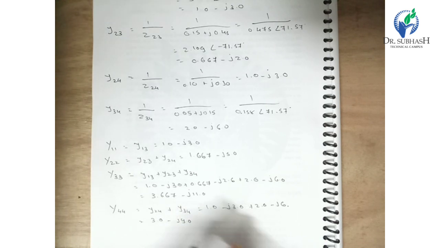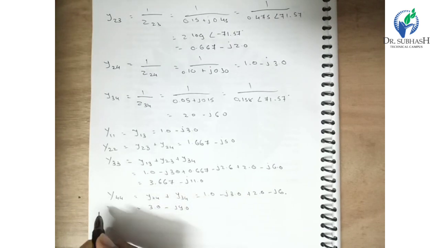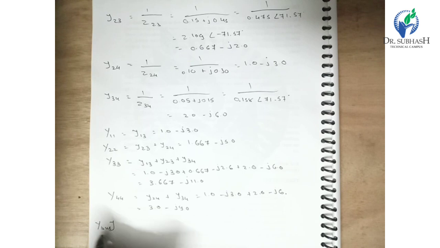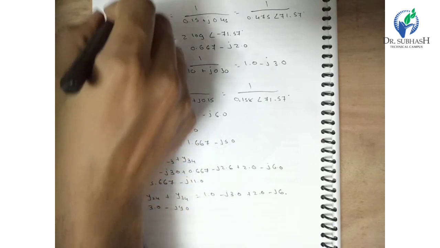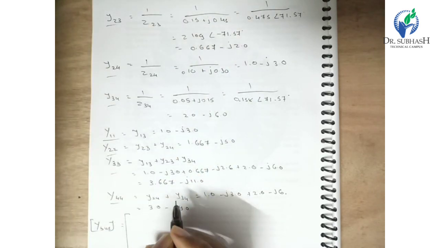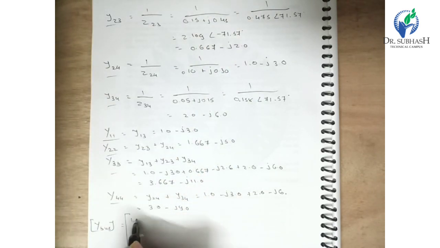When we find the Y-bus matrix of this equation, by using all these parameters put in the given data, the value is 1.0 minus j into 3.0.